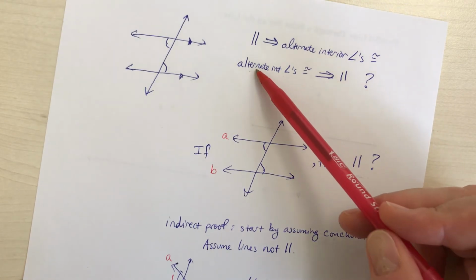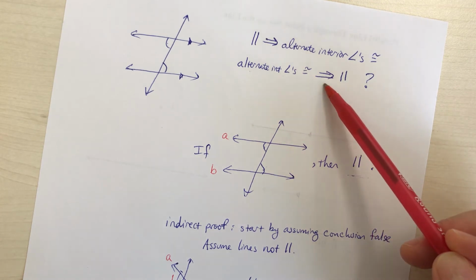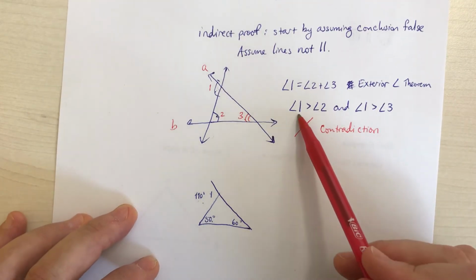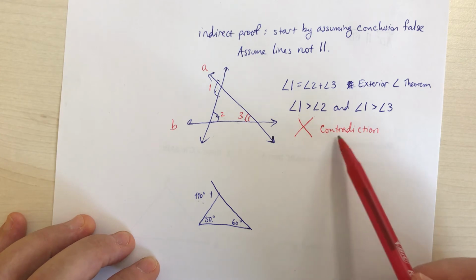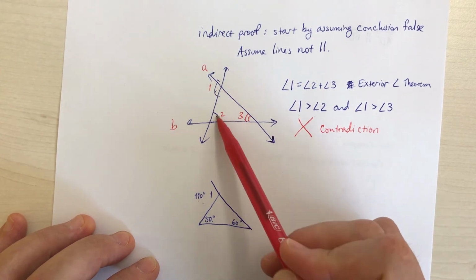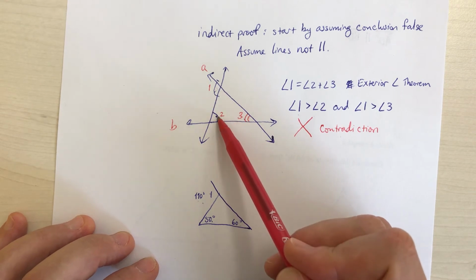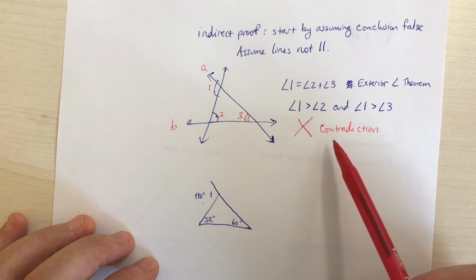In the converse, if the alternate interior angles are congruent, then we're trying to show that the lines are parallel. Well, wait a minute. In this case, angle 1 is greater than angle 2. So this is contradicting what they told us is true. If angle 1 and angle 2 have to be the same, but we're showing that they're not the same, then we have a problem here.